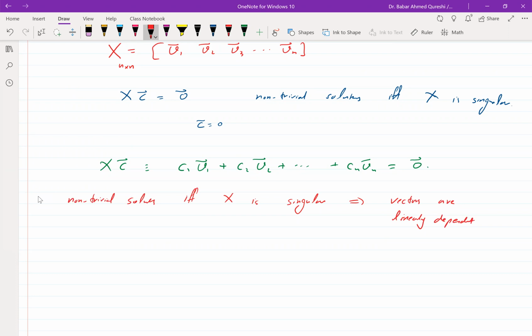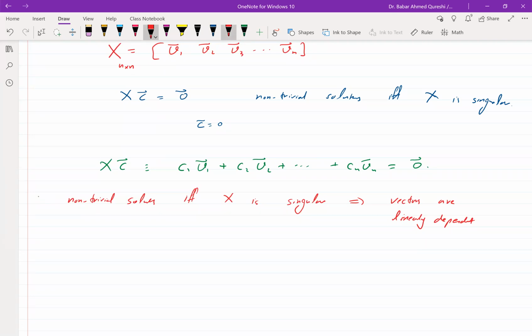Non-trivial solution means, because it's a homogeneous equation, you always have a solution where you put the coefficients equal to 0. If x is singular, then you will also have non-trivial solutions, which will imply that the vectors are linearly dependent.